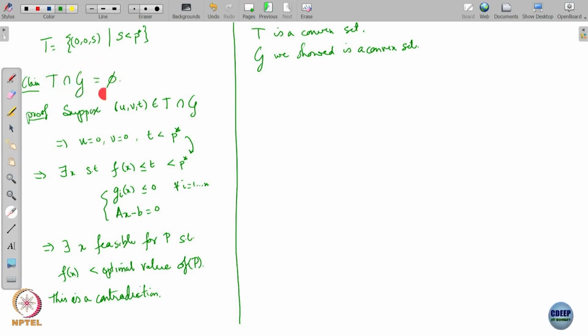So we've got these two convex sets that don't intersect, which means what? That means that we are in the regime of the separating hyperplane theorem. What is this saying? It says that there exists a separating hyperplane.